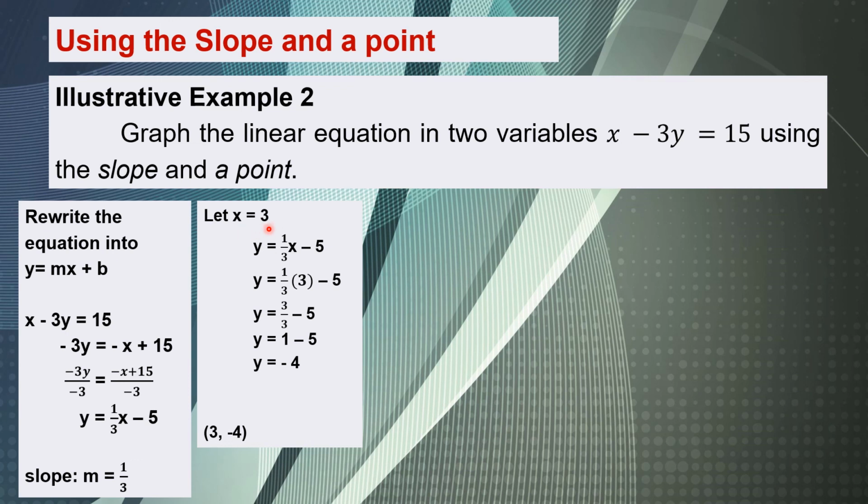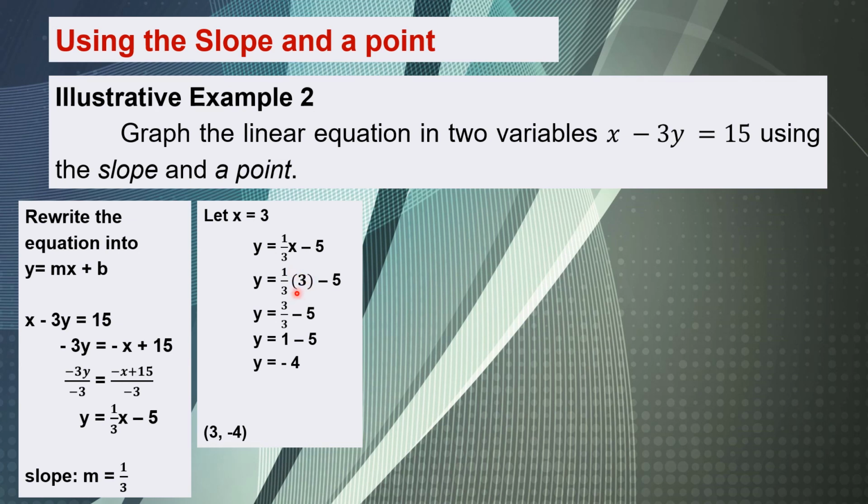So, papalitan ko ngayon yung x dito sa ating equation ng 3. So, simplifying this, 1/3 times 3 is equal to 3/3. Paano nakuha yung 3/3? Minultiply ko yung numerator na 1 sa 3. So, 1 times 3 is equal to 3.